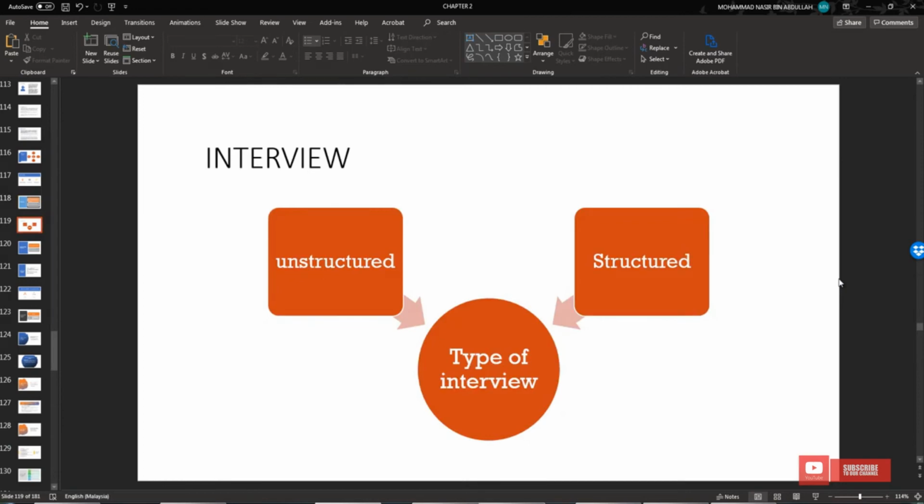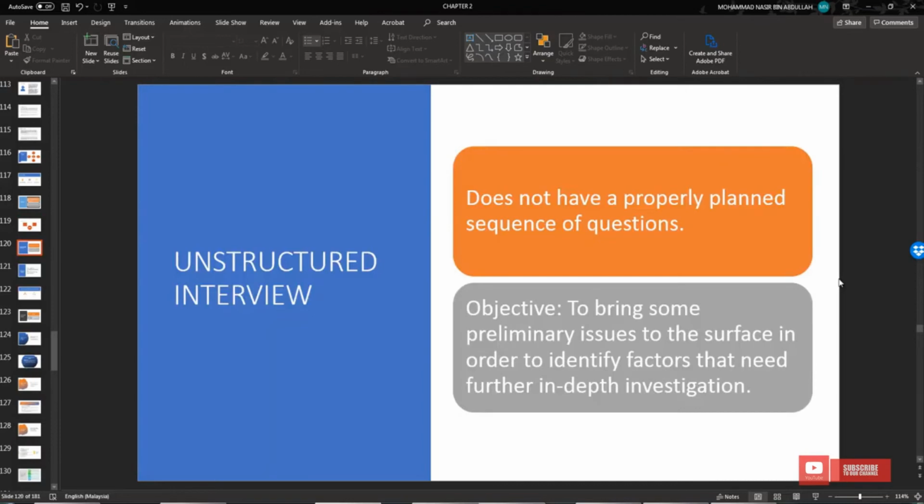interview data collection. First is the structured interview, another one is the unstructured interview. So let's look at the unstructured interview. An unstructured interview does not have a properly planned sequence of questions, right? But the objective is to bring some preliminary issues to the surface in order to identify factors that need further in-depth investigation.